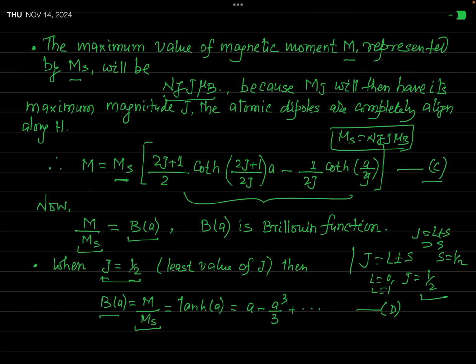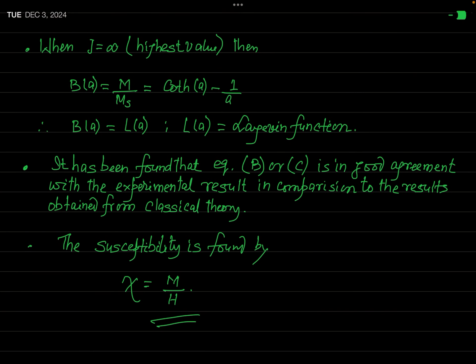You have to put J equal to 1 by 2 in the terms inside this square bracket, and after simplification you will see that when J is half, the Brillouin function will become tanh A. And when you expand it, this will be A minus A cubed over 3 plus so on. This is the value of the Brillouin function when J is equal to half, that is, you have taken the least value of J.